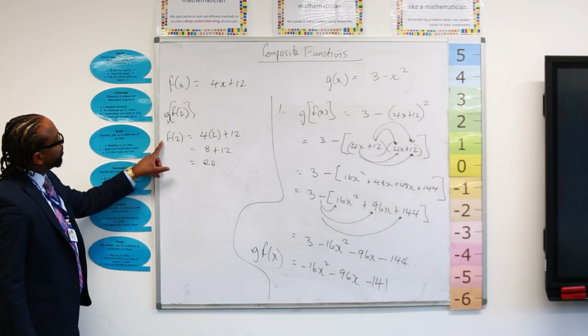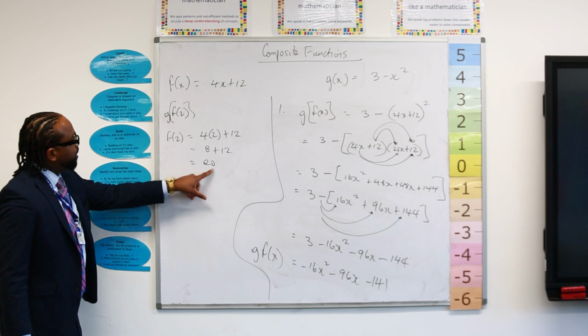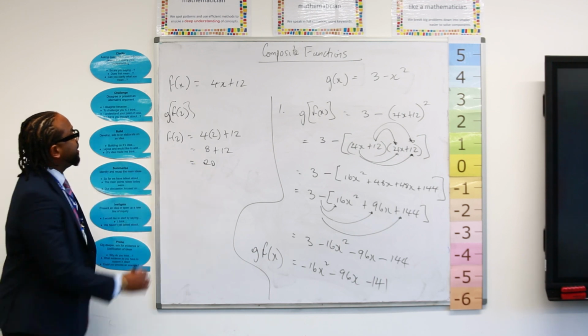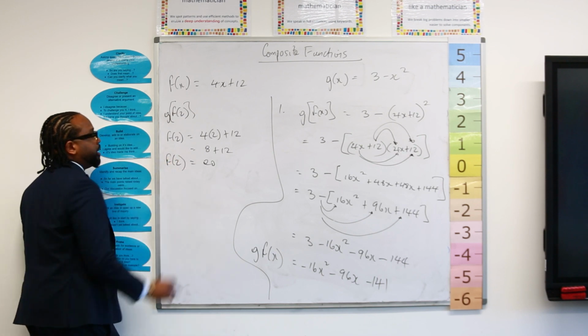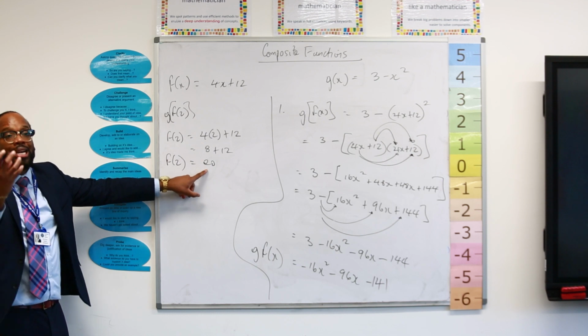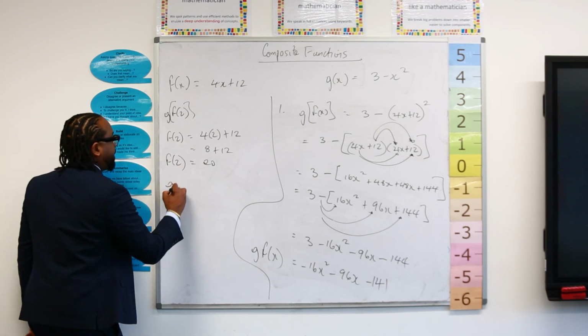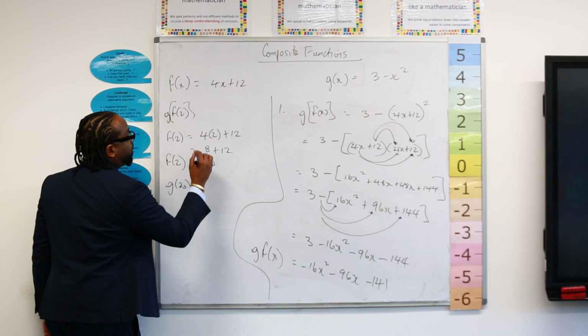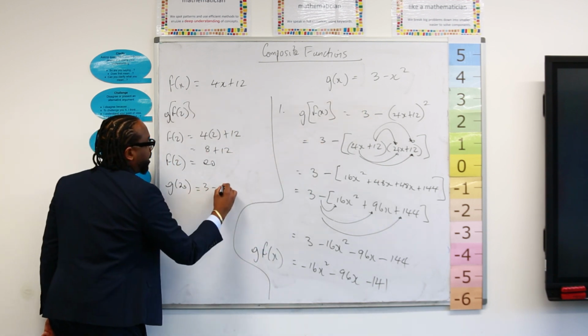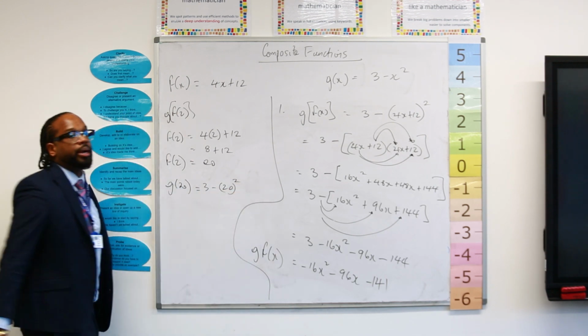So the value of f of 2 is 20. I can replace f of 2 with 20 because they have the same value, and I can say g of 20 is now equivalent to, substituting into my g function, 3 minus 20 all squared.